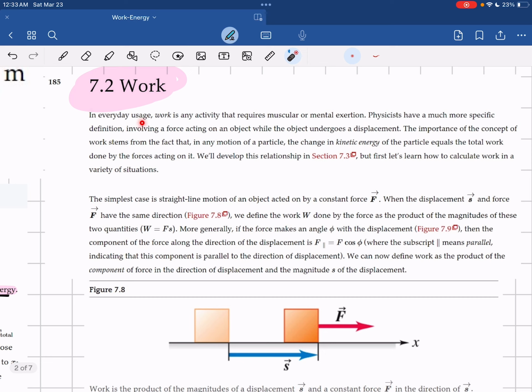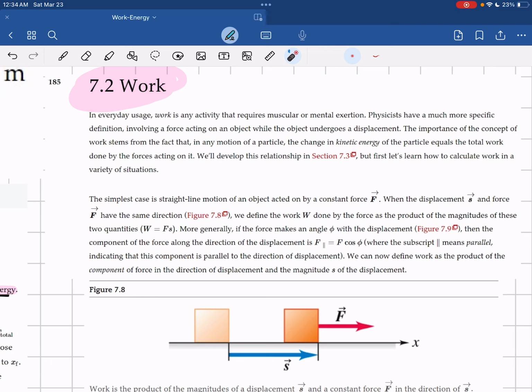In everyday usage, work is any activity that requires muscular or mental exertion. Physicists have a much more specific definition, involving a force acting on an object while the object undergoes a displacement.